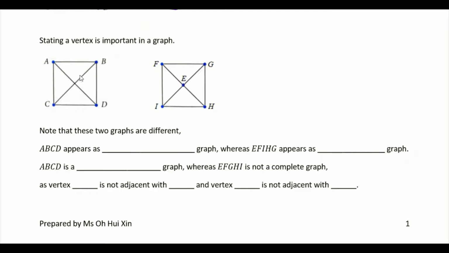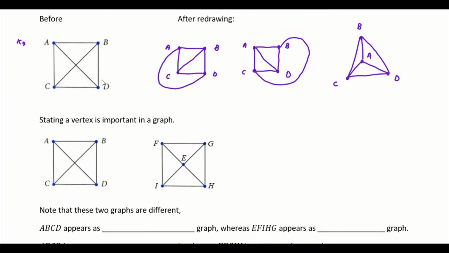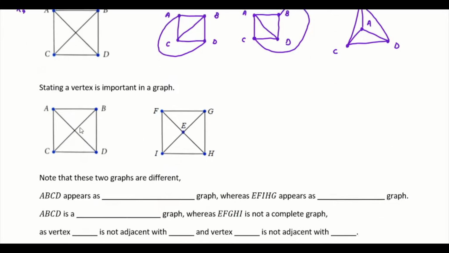Okay, for example, ABCD is what we have in the first place here, right?